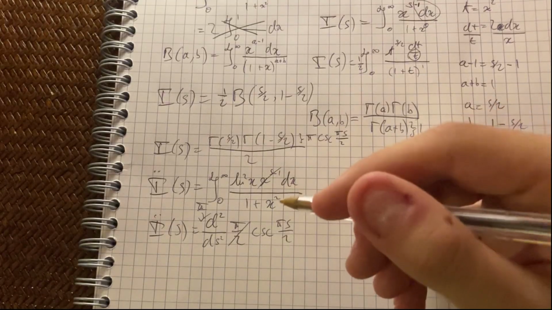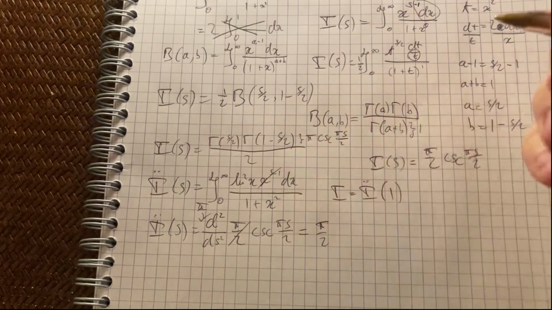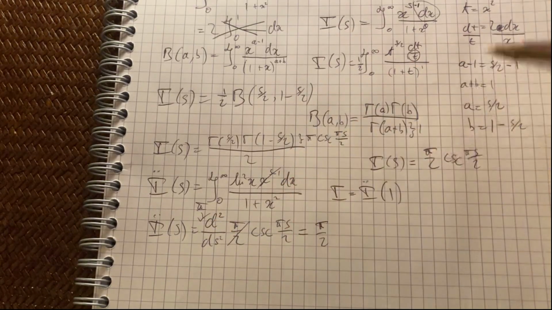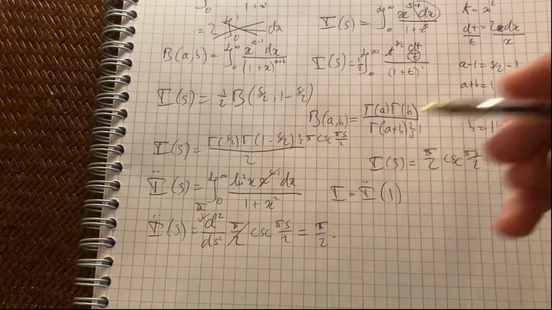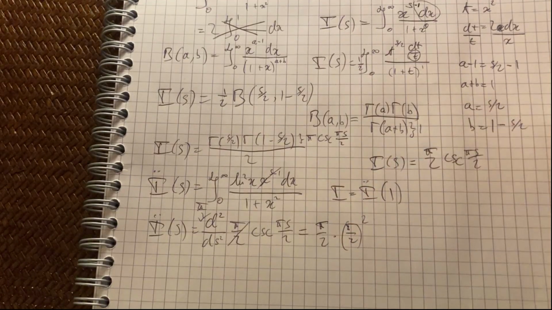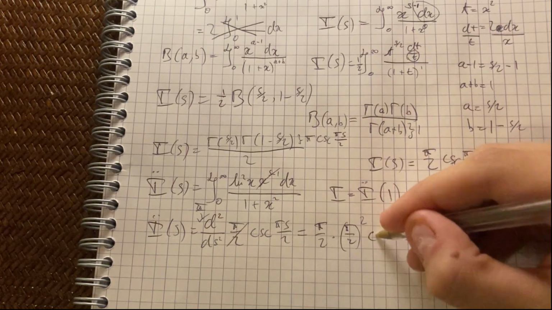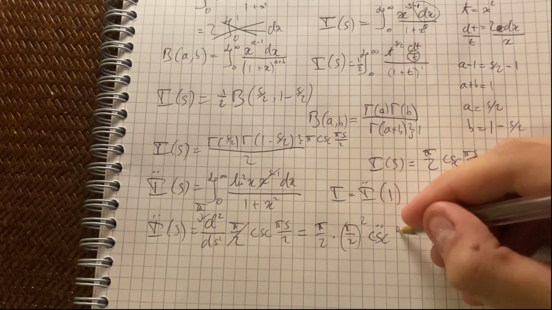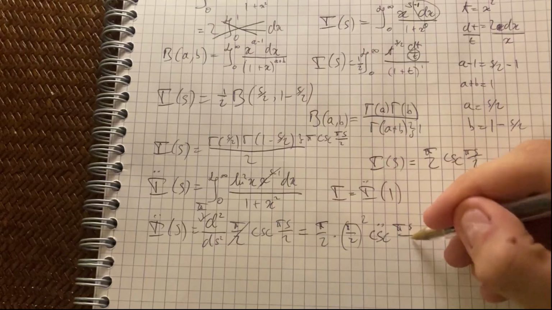So the chain rule says that we have pi by 2, squared, times the second derivative of cosecant of pi s by 2.